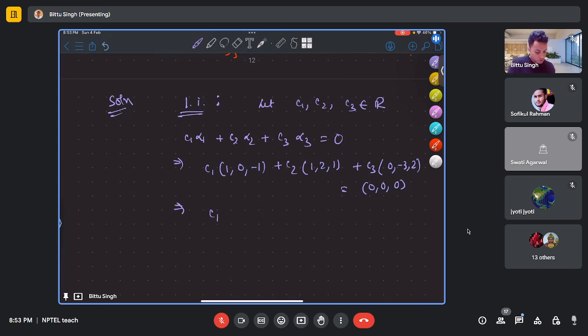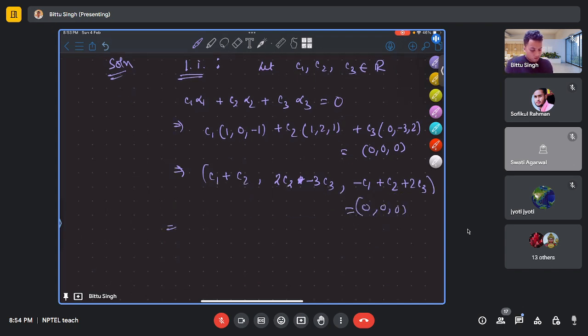So this is the same as C1 plus C2 is 0, 2C2 minus 3C3 is 0, and minus C1 plus C2 plus 2C3 is 0.